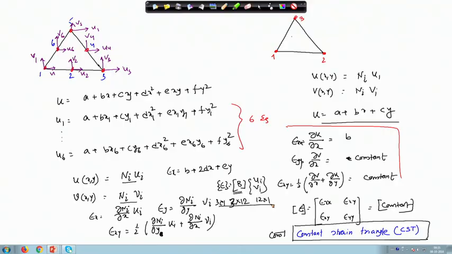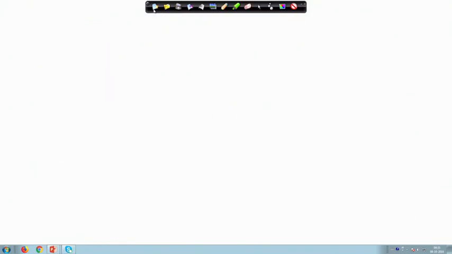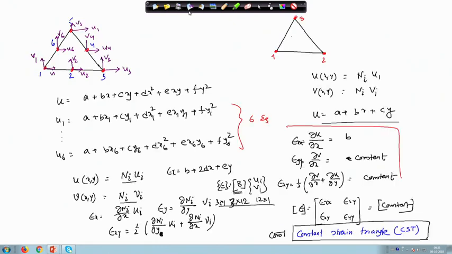Now, a similar exercise you can do if your element is in 3 dimension. Another thing you must do, once you get these shape functions and the properties of the shape functions we discussed, is to plot these shape functions and see whether they satisfy the Kronecker delta property or not, and whether they satisfy the partition of unity property or not.